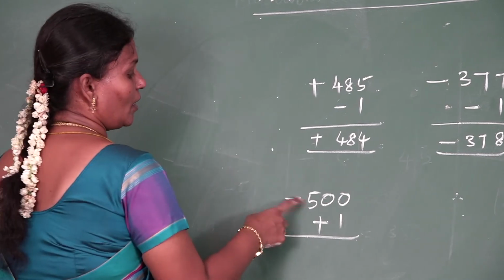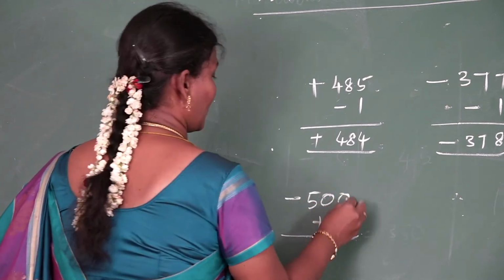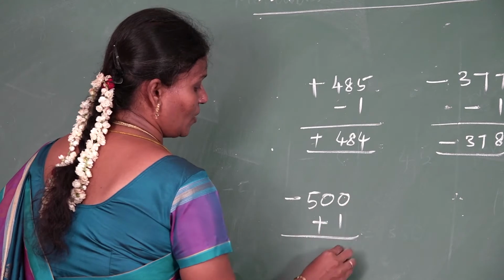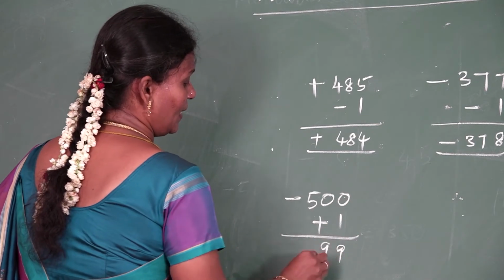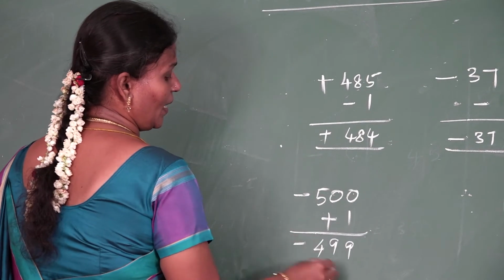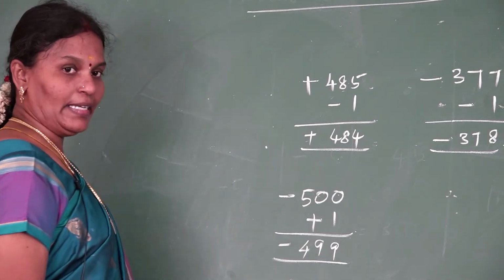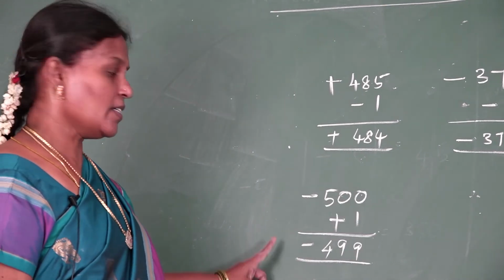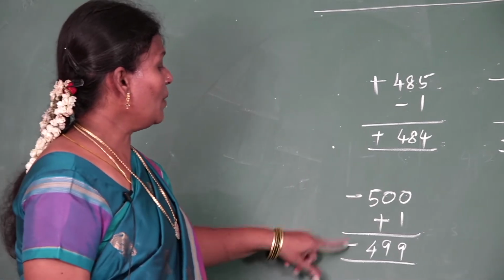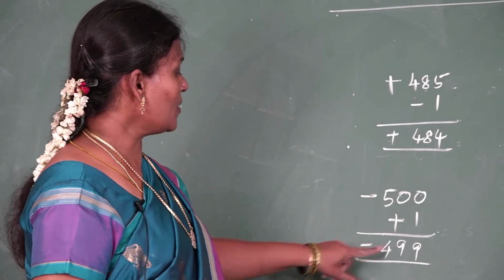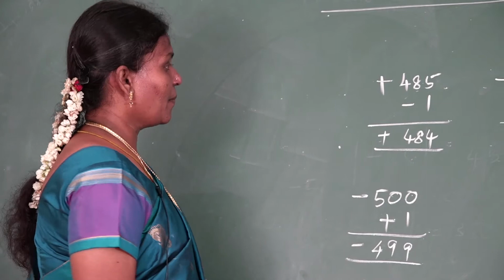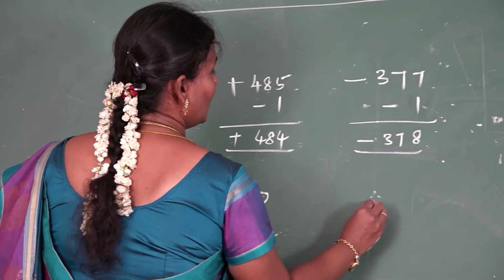See here, both have different signs, so you have to subtract. 10 minus 1 is 9, 9 here, 4. So minus 499. You understand, children? You have to put the sign of the bigger number. So minus 499.